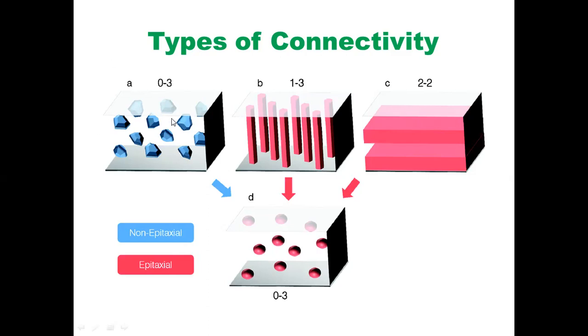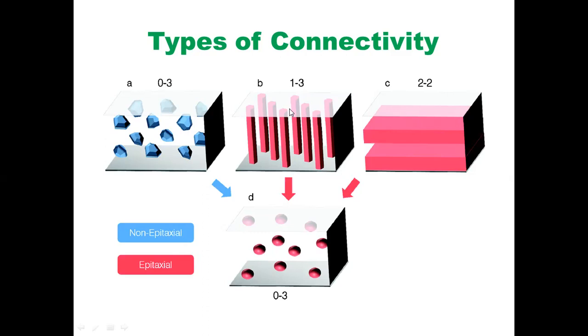So this is the case of bulk composites, where we are mixing the ferromagnetic and ferroelectric powders. When they mix together, the connectivity that exists between the ferromagnetic phase and the ferroelectric phase is referred to as the 0-3 connectivity.